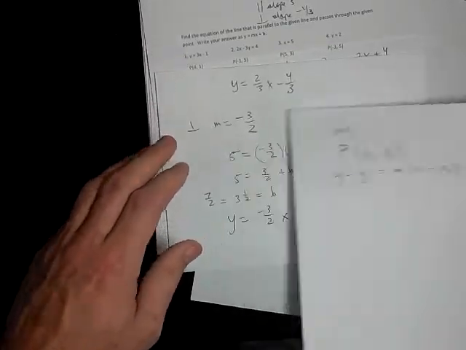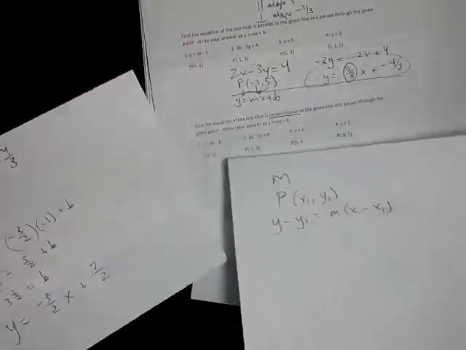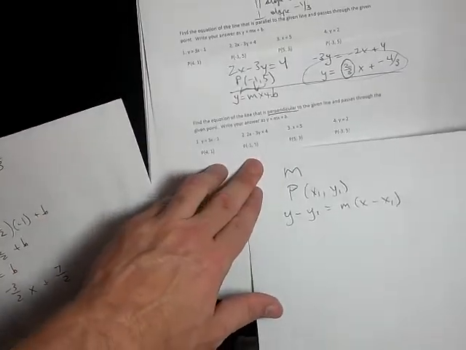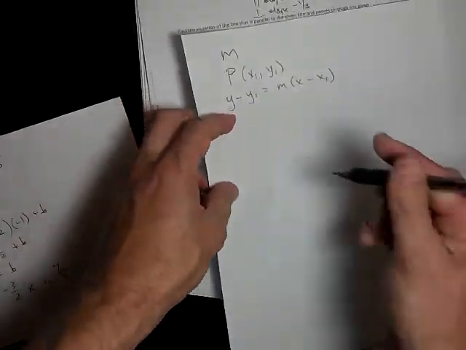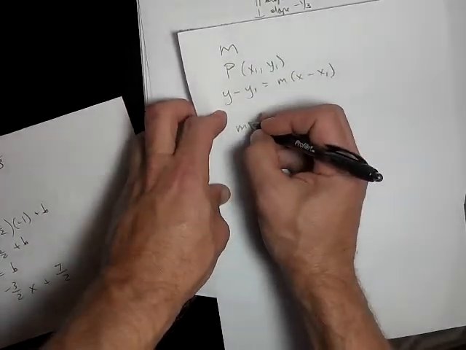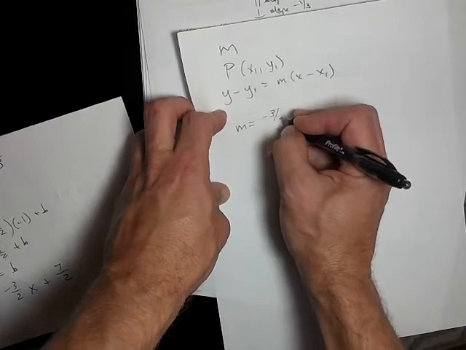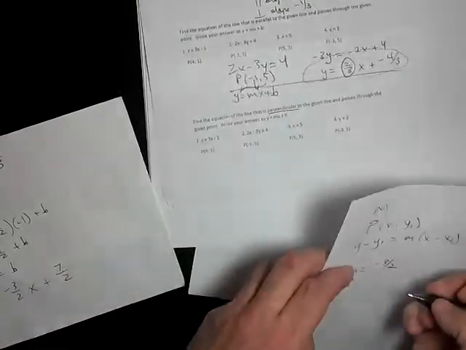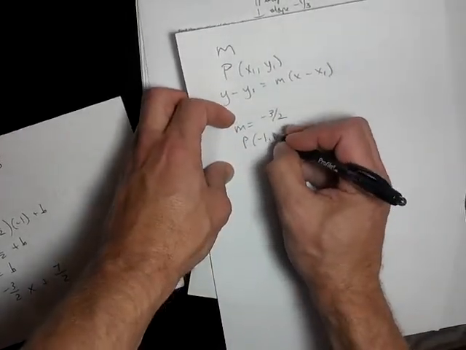So, for example, in the most recent one we did with the perpendicular going through that point, remember we found that the slope of that perpendicular line was negative 3/2, and the point is negative 1, 5.